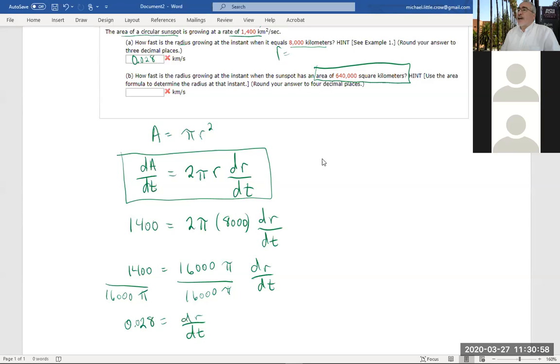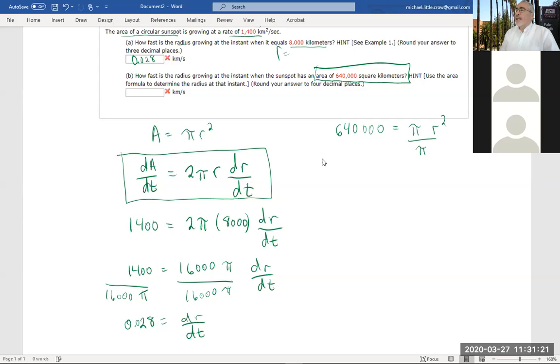We need to have R. So the way we're going to get R is first plug it in the original formula up here. That we've got 640,000 square miles as our area. So now we can calculate what the radius is, okay?